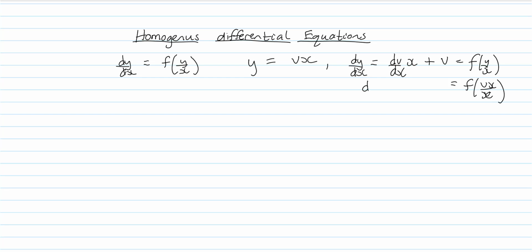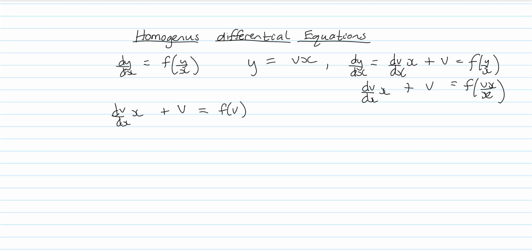So now we have dv by dx times x plus v, and you'll notice the x's will cancel in that f is a function of vx over x. So what are we left with? We are left with dv by dx times x plus v is equal to f, a function of v.